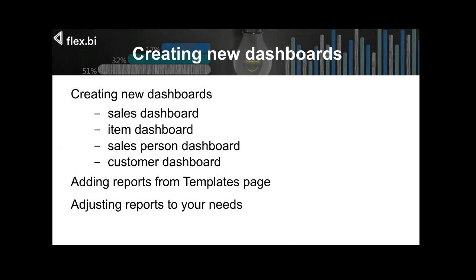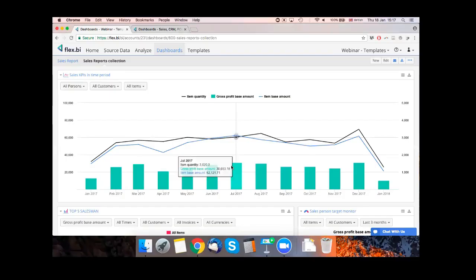I'm going to show you how to take just one report out of them and put it in your dashboard. And I'm also going to show you how to adjust reports to your needs. So let's go back to flex.bi.